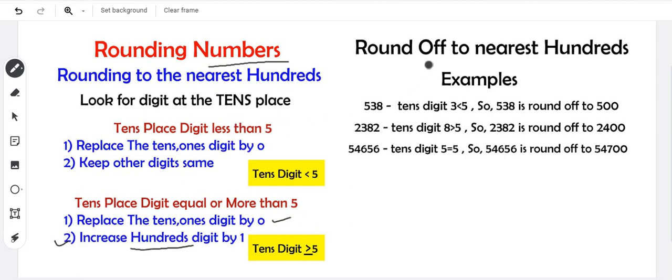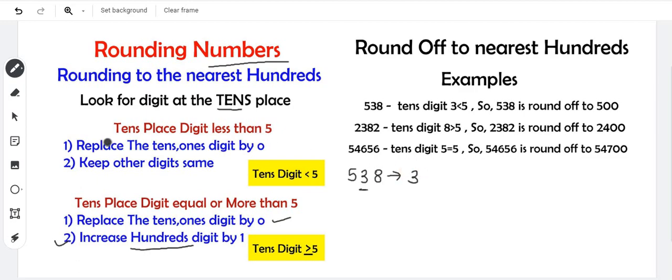For that, let's take an example. The first example is 538. We are rounding off to the nearest hundreds. So first we will look for the digit at the tens place. The tens place digit is 3.